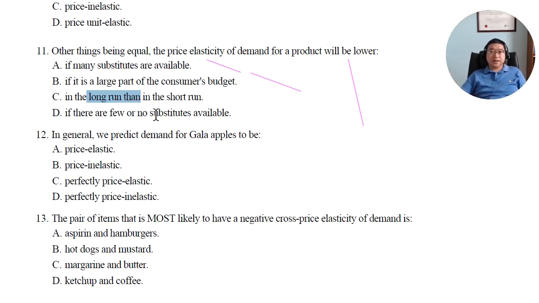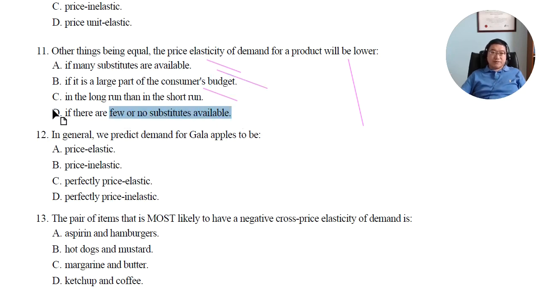That all can happen. Anyway, given enough time, both demand and supply will be more elastic. That's just what's happening. In the long run, demand and supply both are very elastic.